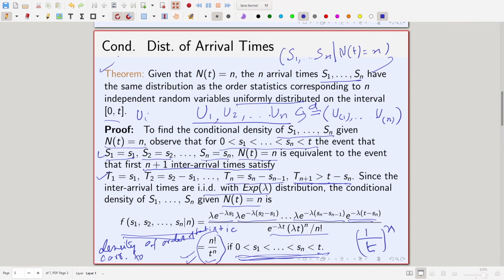So what we have shown is that if you are given the information that there have been n arrivals up to time t, then the conditional distribution of the n arrival times S1, S2, up to Sn has the same distribution as the order statistic of n IID uniform 0t random variables.